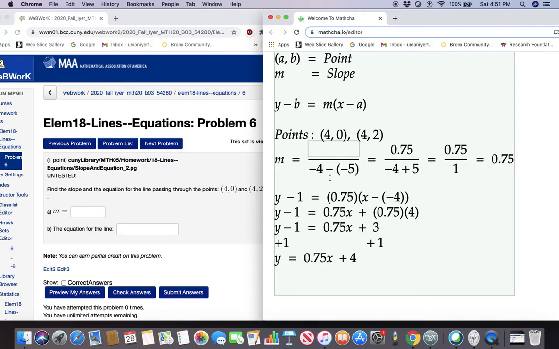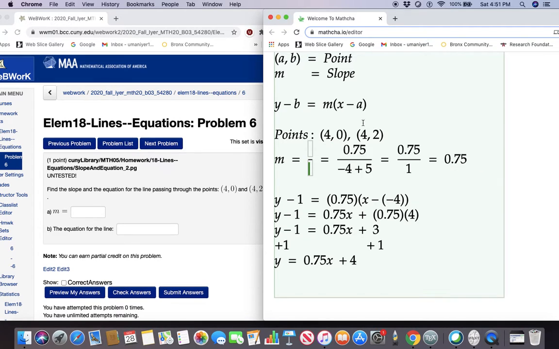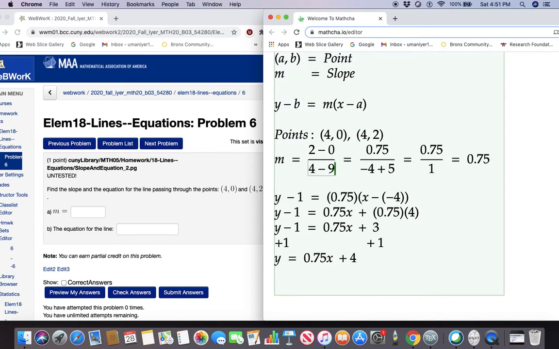Why? Because slope formula says y2 minus y1 over x2 minus x1. What happens in the numerator is a 2. What happens in the denominator? It is a 0. Anything divided by 0 is undefined.